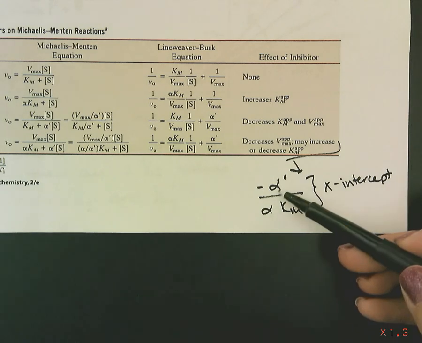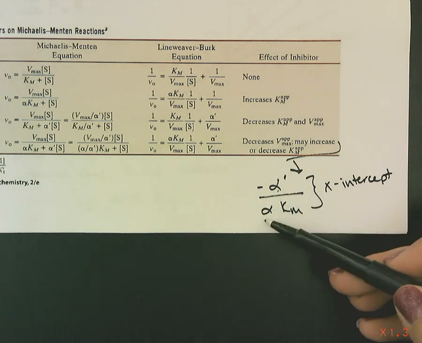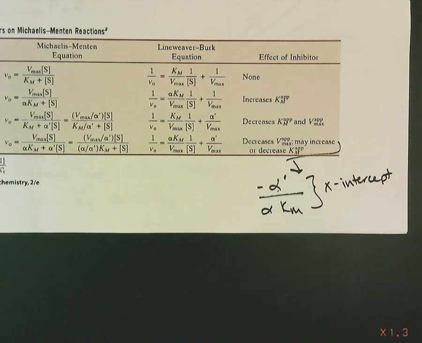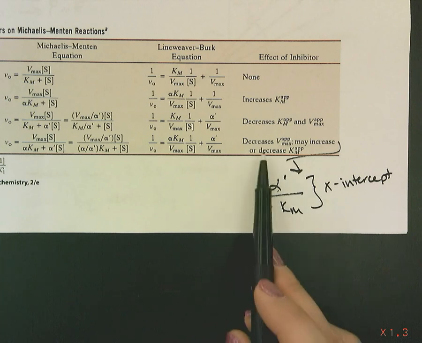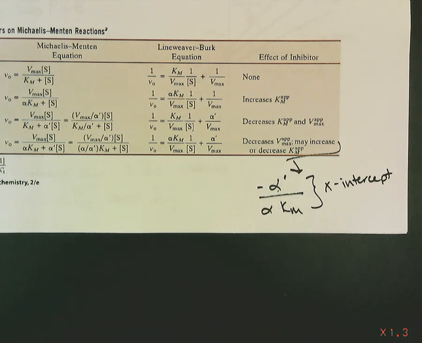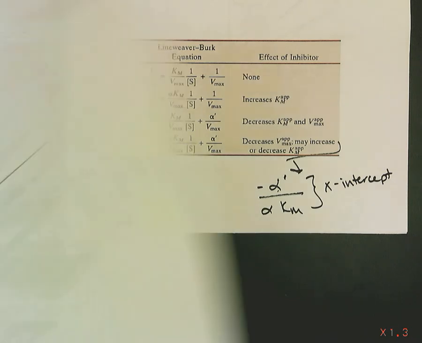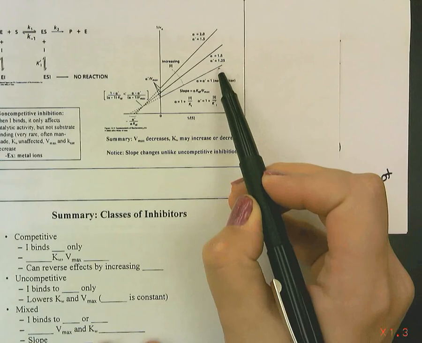So depending on the ratio of alpha prime to alpha, the Km value may be increasing overall or it may be decreasing. That's not the one that's going to tell you the most useful information on this graph. It's going to be some of the other features. You'll be given the alpha. Maybe if I had you sketch it, I'd say if alpha equals 1 versus alpha equals 2, draw me that sketch, which would be this line versus that line.